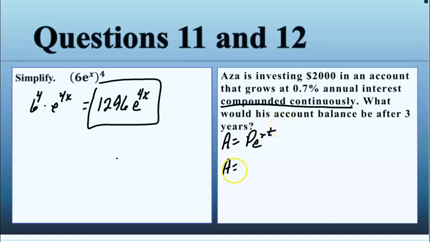So we have A, the account balance, principal amount is $2,000 times base e raised to the rate as a decimal. So move it 2 places. So this would be 0.007 times the number of years, which would be 3. So we'll grab our calculators again.